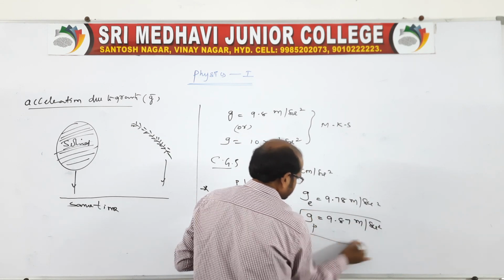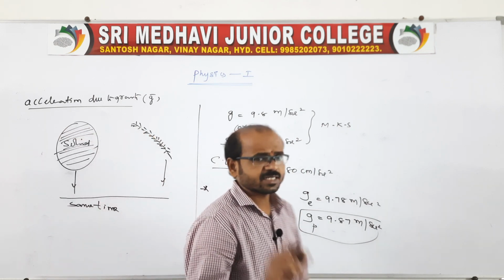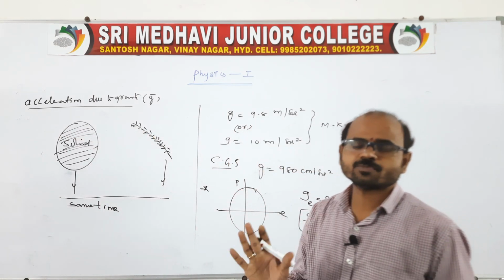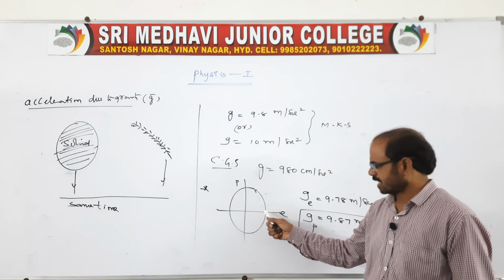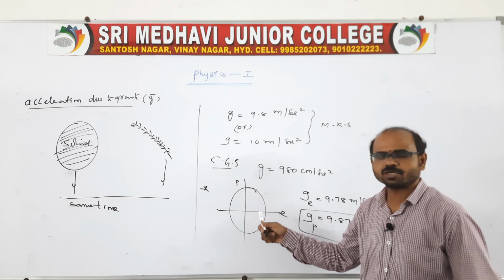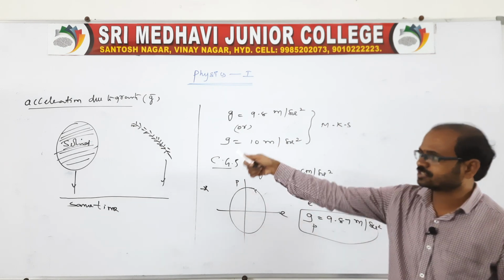It increases at the pole. That's how acceleration due to gravity changes from place to place. But at a given place, for all bodies, it remains the same because it is independent of shape and size.